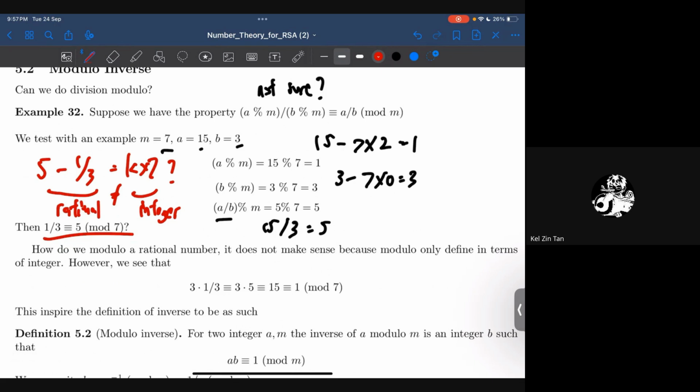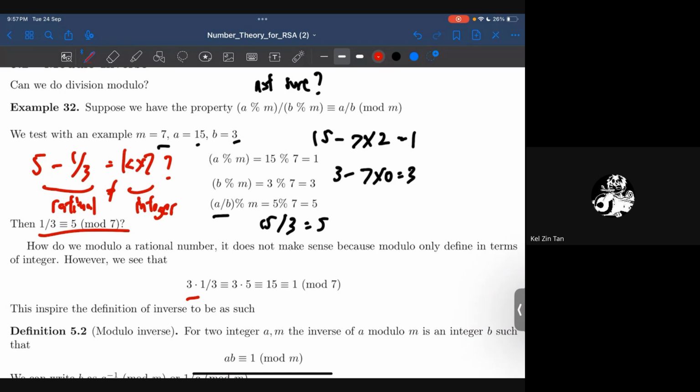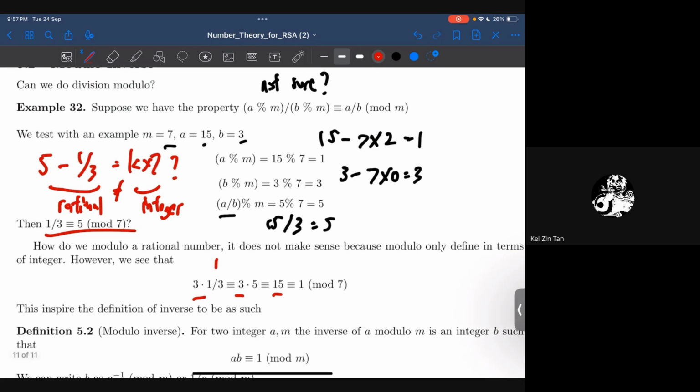Although it doesn't really make sense, we see that if we multiply by 3 on both sides, then this side will become 1, and this will become 15. And then 15 modulo 7 is actually equal to 1.